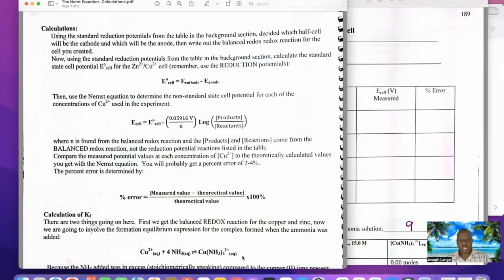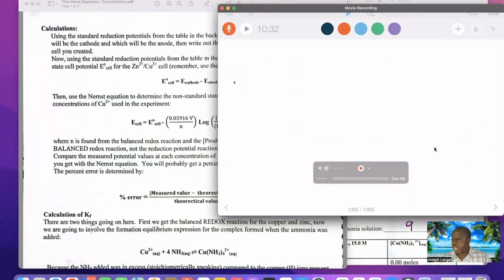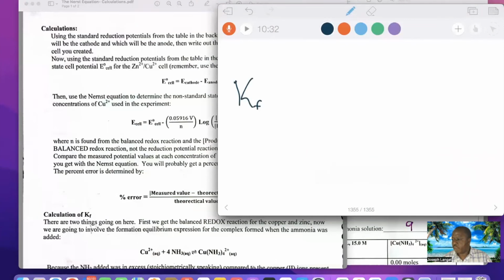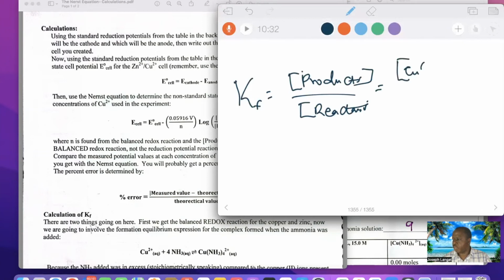And if you look at this, the formation constant, which is Kf, let me just show you. Kf is given by the concentration of the products over the concentration of the reactants, which is given by the concentration of the copper 2 complex with ammonia, 4 with the 2 positive, over the concentration of copper 2 times the concentration of NH3.